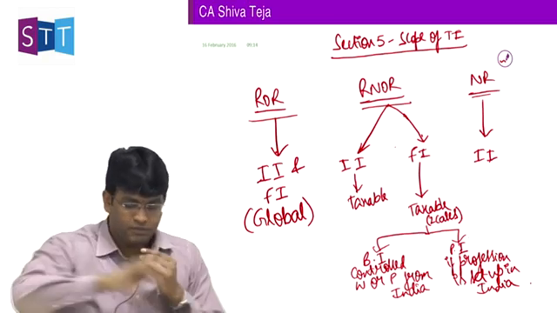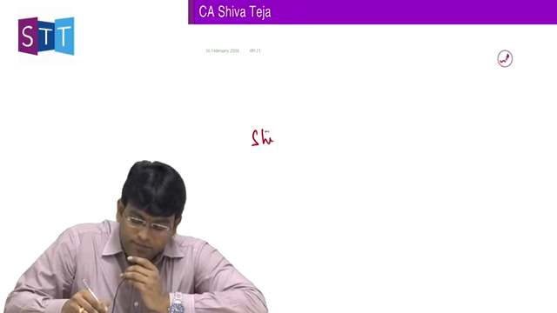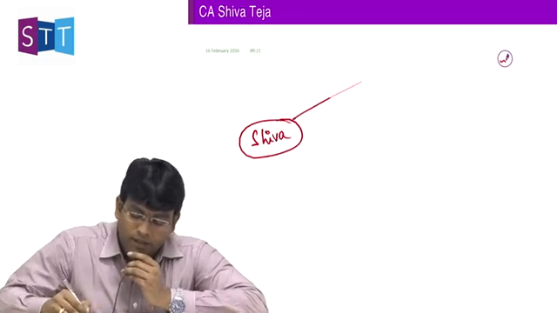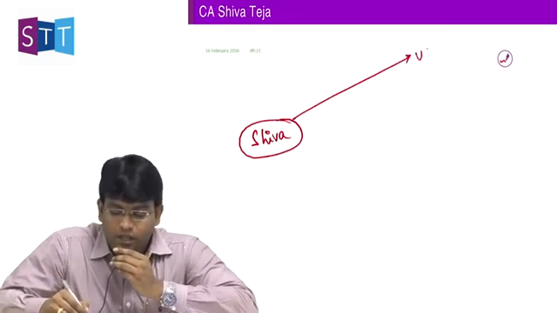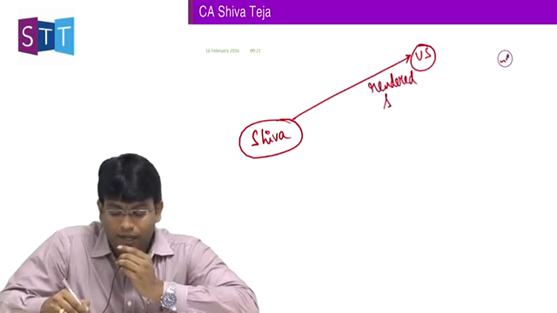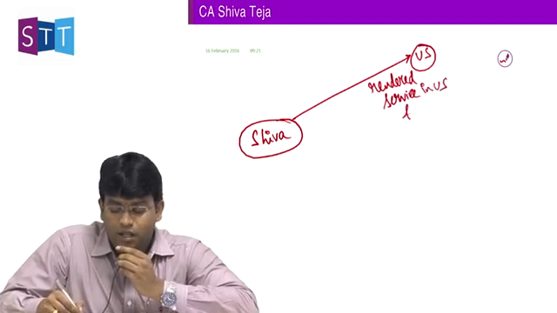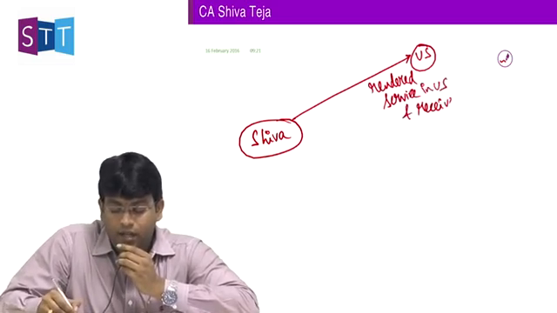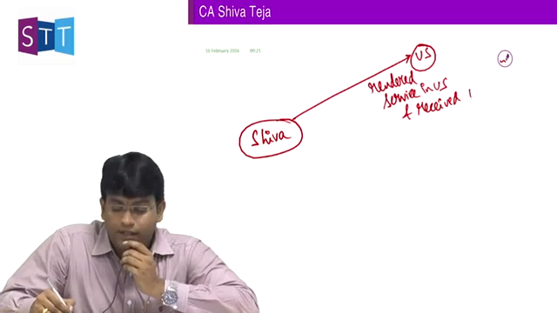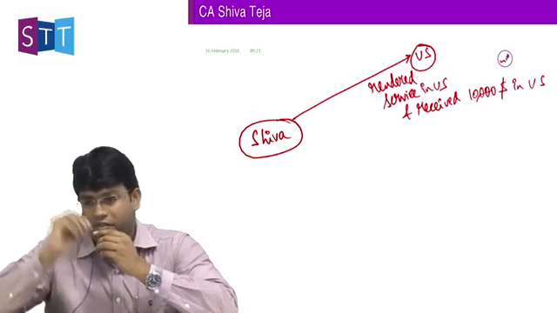Sure. Now please concentrate. Let me give a small example. Let's say I went to US, rendered some service to my client, rendered service in US and received $10,000 in US.